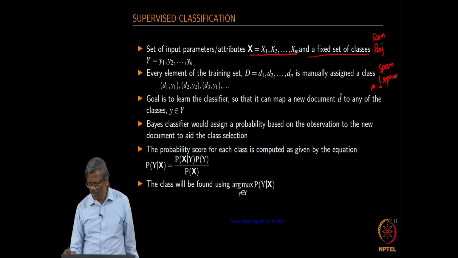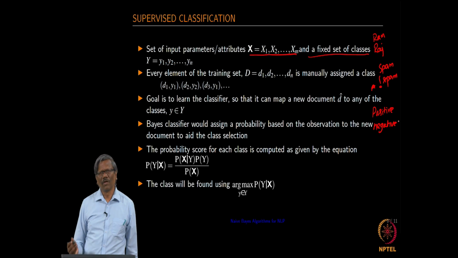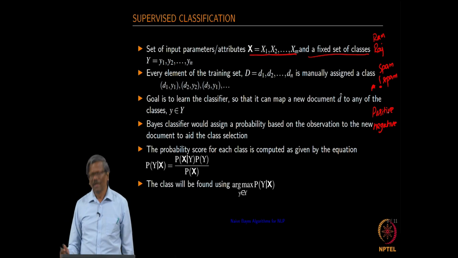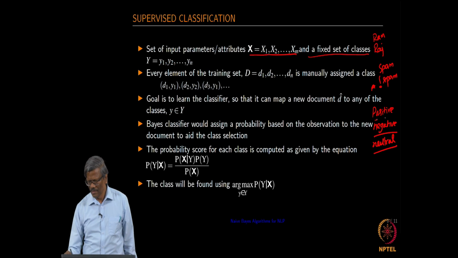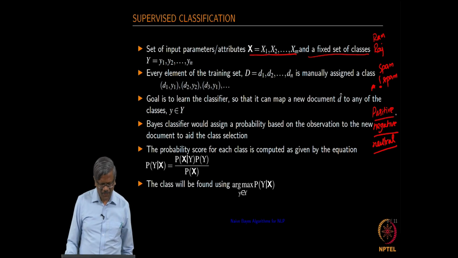And if you look at the movie reviews, it is going to be positive, negative, or if it is about the reviews of any product, it is going to be positive or negative. The third class also could be neutral. Okay. So, the same thing could be extended to multi-class as well.